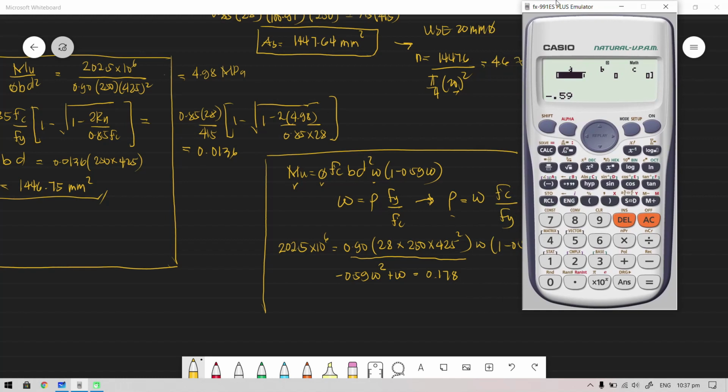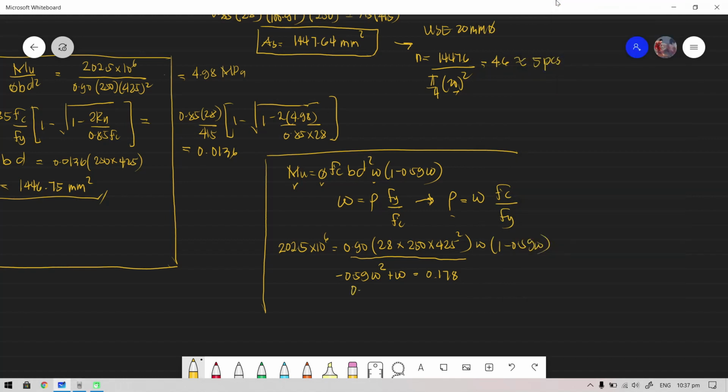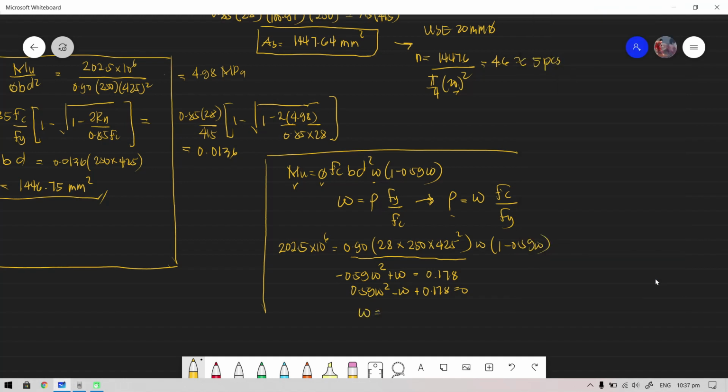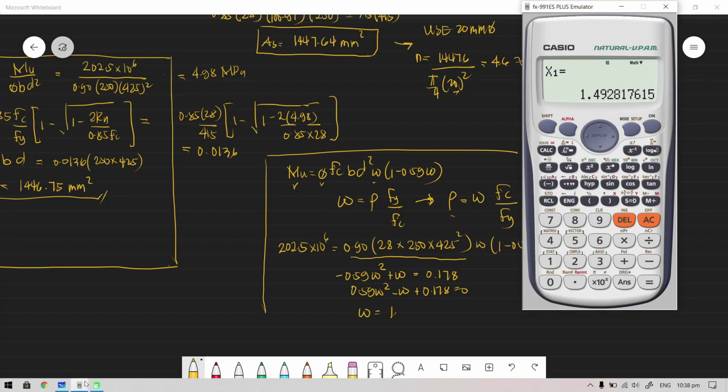So, i-rearrange ko lang to. So, 0.59 omega squared minus omega plus 0.178 is equal to 0. Para yung standard form nito ay yung form nito. So, 0.59, minus 1, 0.178. Okay, dalawa yung magiging sagot dyan. So, yung omega mo is 1.493.